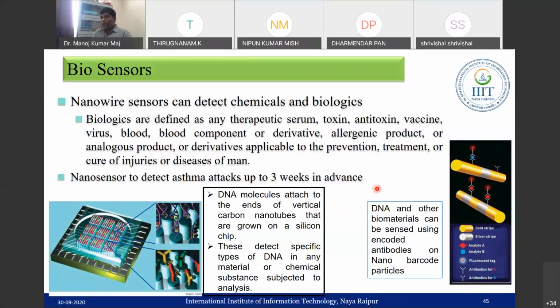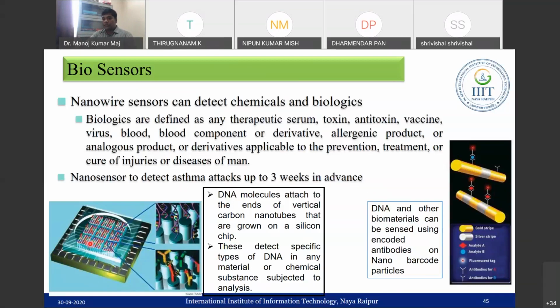Currently the biochemical lab of IISc Bangalore is working on nanobiosensors to detect asthma attacks, or maybe other blood clotting related attacks, in advance.